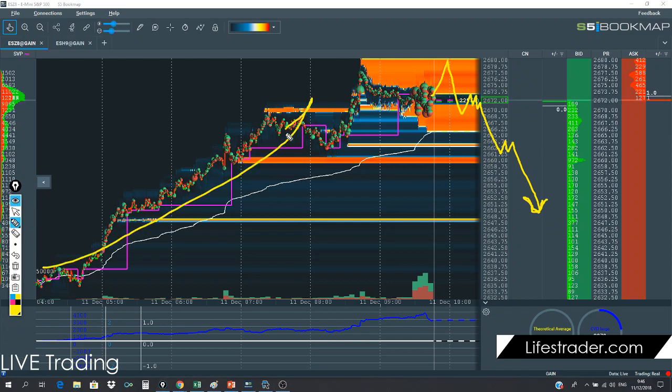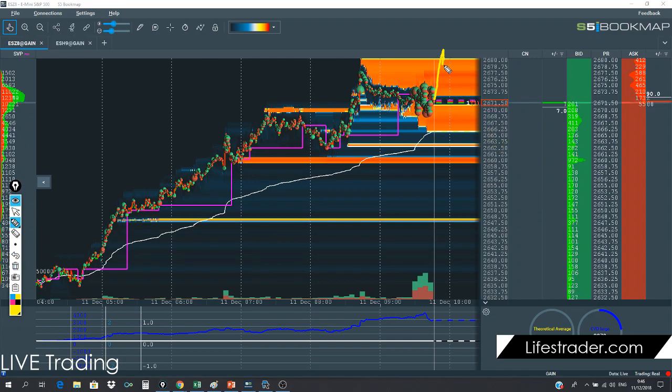If we get a false breakout, the buyers will have to close their positions, and then we'll have to go lower. So that's the first scenario for short, and the third scenario overall.